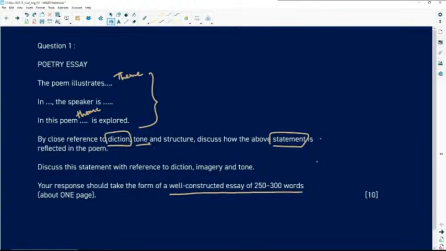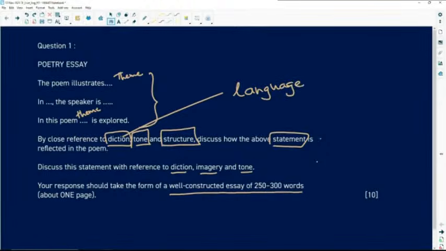Diction, tone, structure, if you're looking at a sonnet like Shakespeare, or "It Is a Beauteous Evening", or looking at diction, imagery, tone. So diction is language. In this one, you could look at the imagery as well, but diction is just any word.